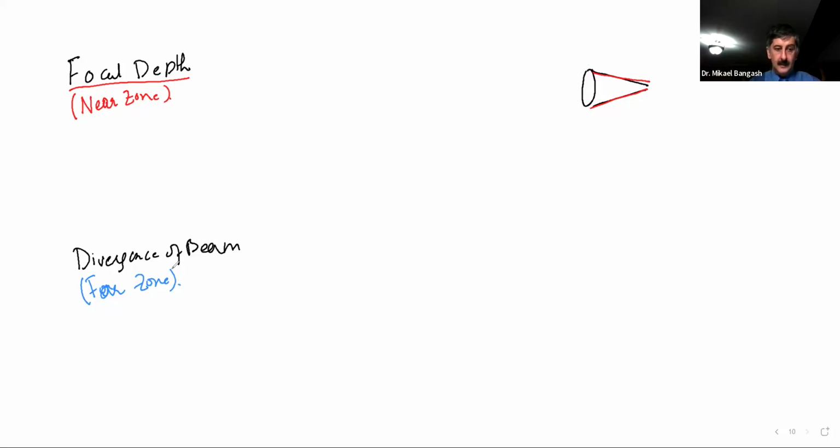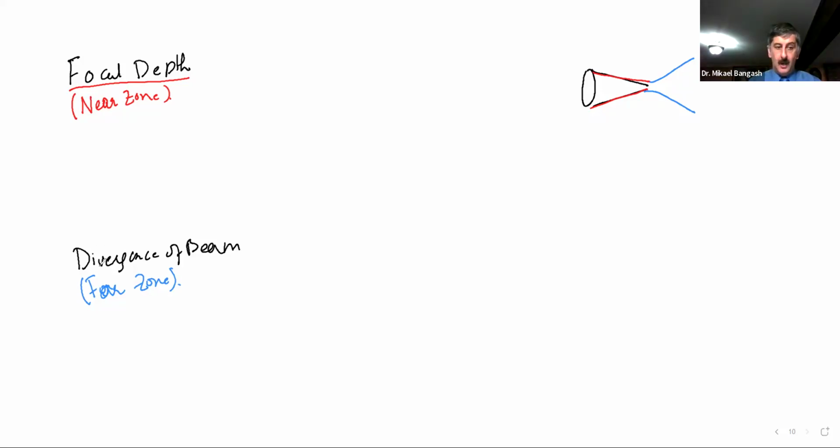The second factor is the divergence of the beam. What did we say the divergence of the beam was? It's just how the beam spreads out, or you can say the increase in its width and height.